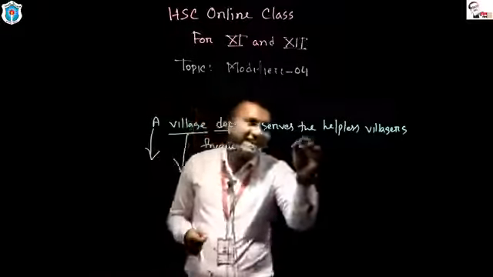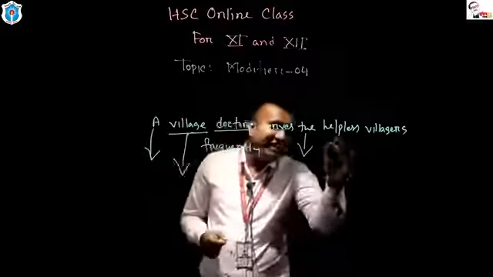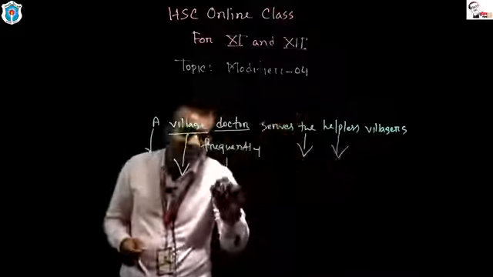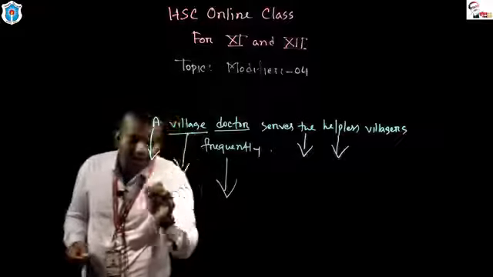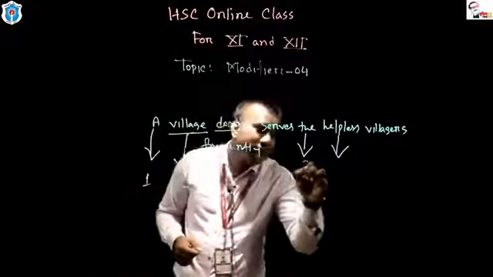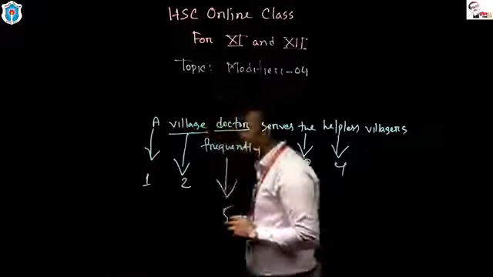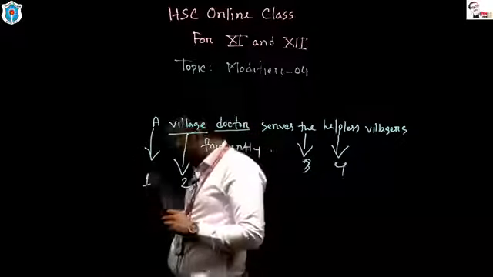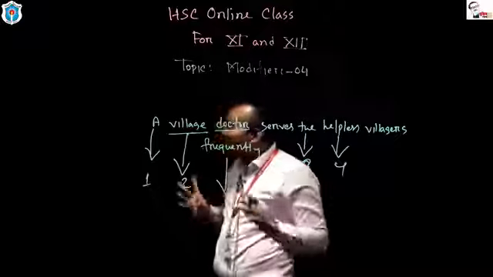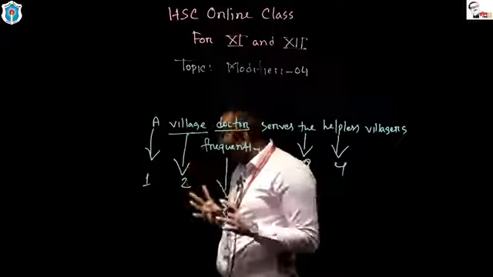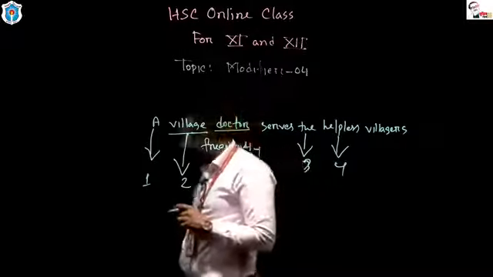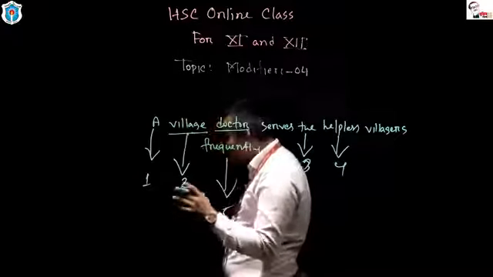Serves the helpless frequently. 1, 2, 3, 4, 5. There are 5 modifiers, I think. I have got 5 modifiers. Have you got 5 modifiers in this sentence, my dear students? Shanto: a, village, the, helpless, frequently.